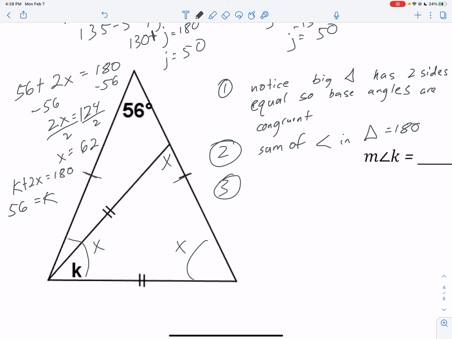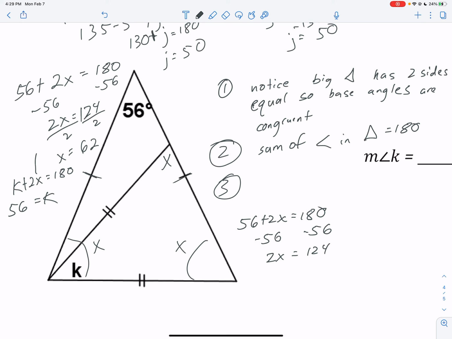We could have set up a system of equations to figure this one out. We could have done the actual substitution right here to plug x in to make it only have one variable. If I had done that, I would have had 56 plus 2x equals 180. Subtract 56 from both sides to get 2x equals 124.